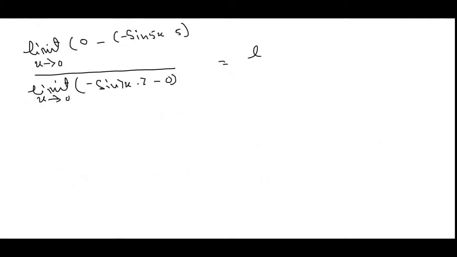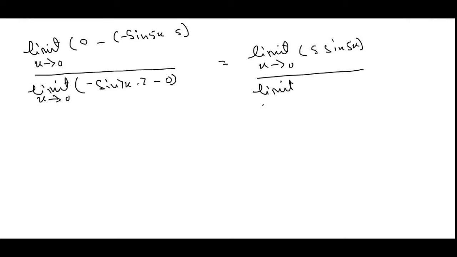So limit x approaches 0, 5 sine 5x whole divided by limit x approaches 0, 7 minus sine 7. Now first of all, we are going to take the constants, which are 5 and 7, along with the negative sign outside the limit.